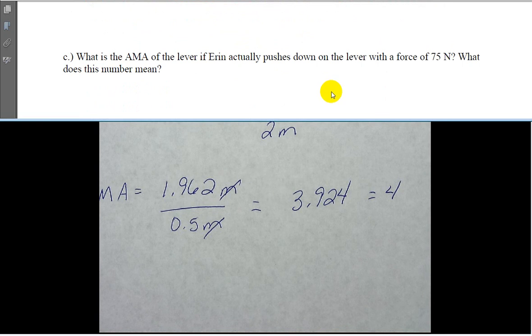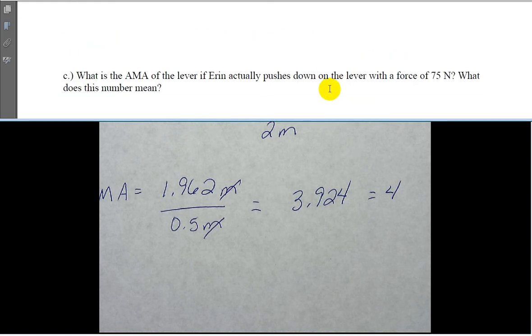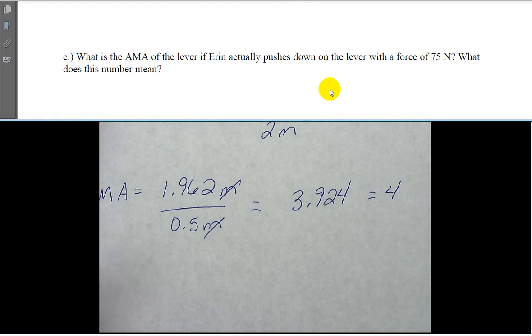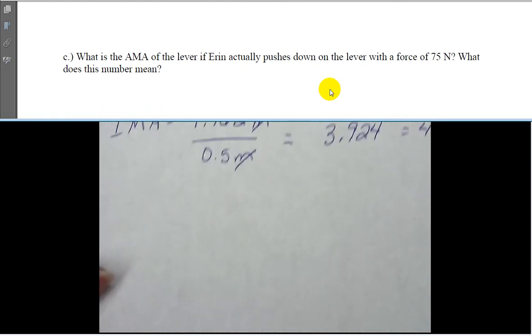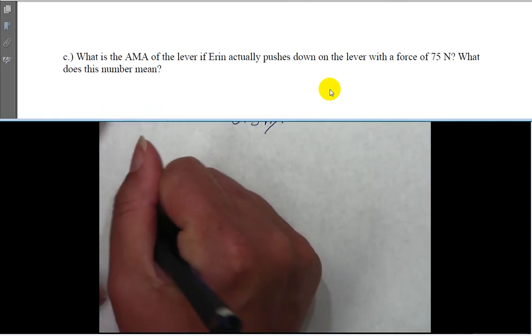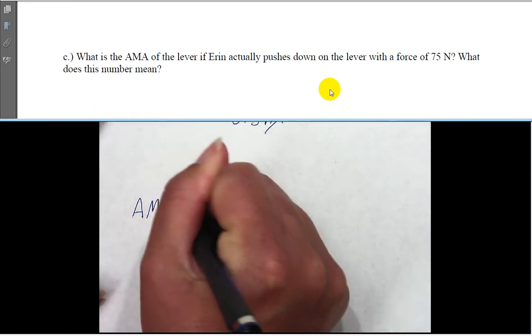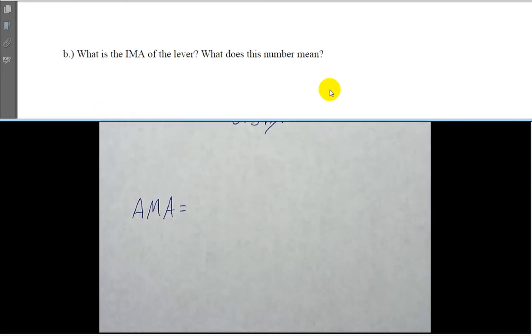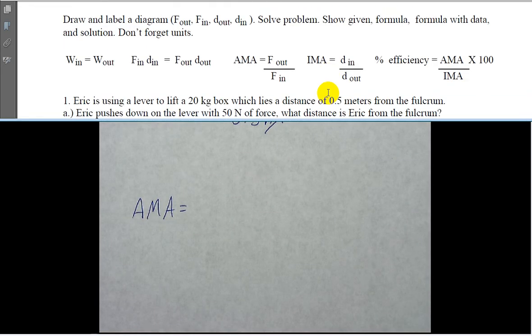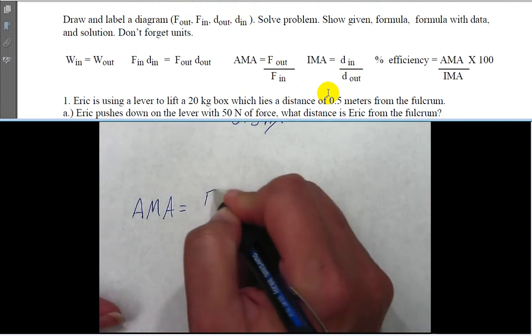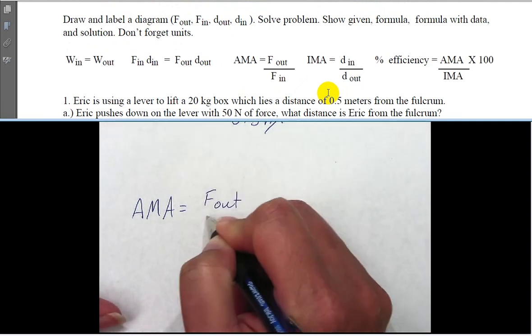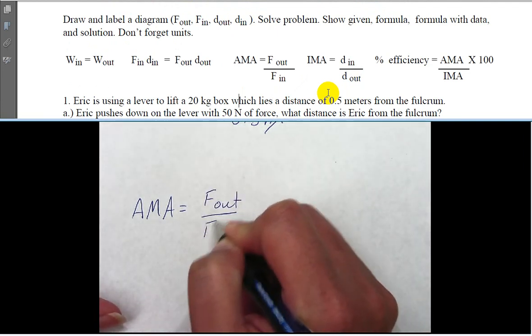What is the AMA of the lever if Eric actually pushes down on the lever with a force of 75 newtons? What does that number mean? Our equation for AMA is force out over force in.